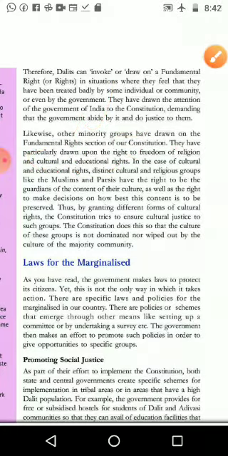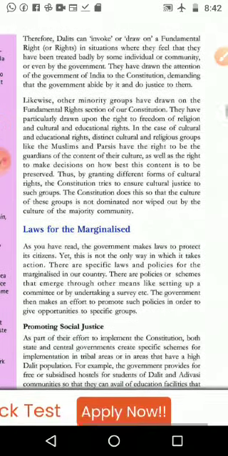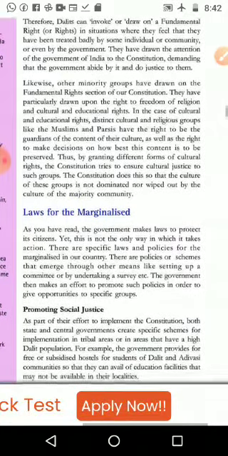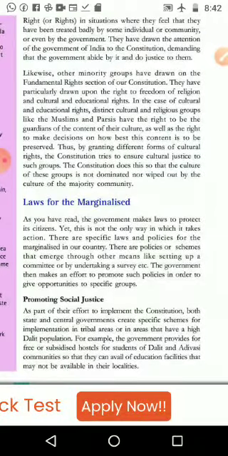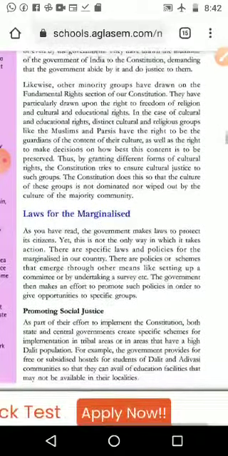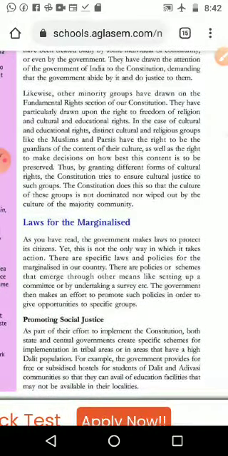And in this case, under cultural and educational rights, distinct cultural and religious groups like Muslims or Parsis have the right to be guardians of the content of their culture, as well as the right to make decisions on how best this content is to be preserved.